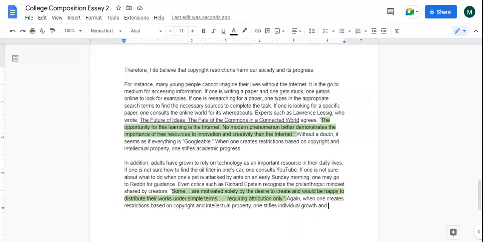One stifles academic learning, academic progress, one stifles individual growth and learning.